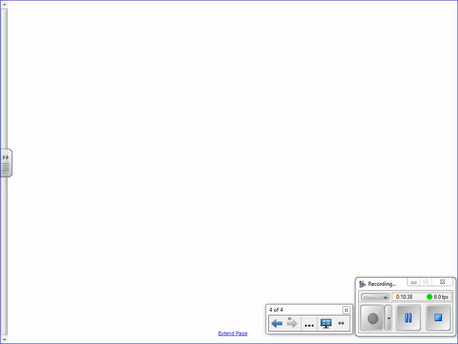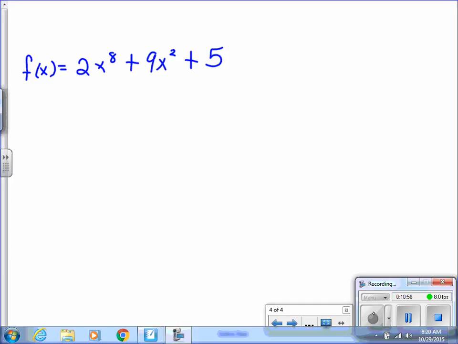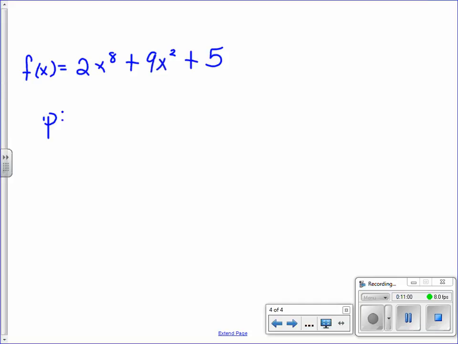So you try one. I'll give you some nice numbers so there's not too much to have to do. Find all your possible rational roots. P is 5.